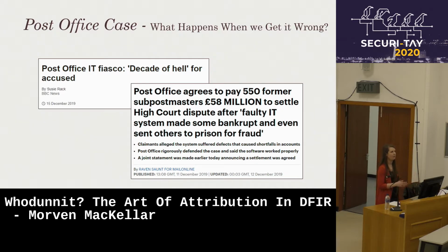These claims happened over the span of about 20 years, beginning from when Horizon was introduced to now. So I think that's why this wasn't picked up a bit earlier. But basically what ended up coming to light was that it doesn't appear that in all of these cases these people did actually commit fraud.